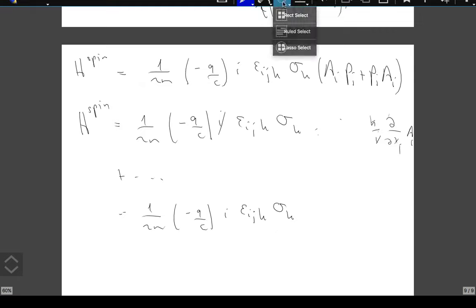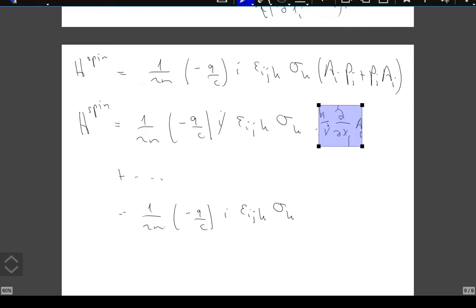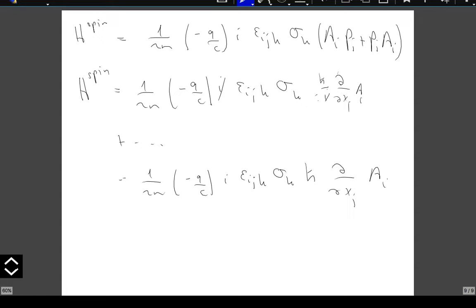There is no epsilon_ijk, there is just a single one, times h bar del over del x_j of A_i. And now this i is cancelled: 1 over 2m, minus q over c, h bar sigma_k, that is the curl of A, the k component.